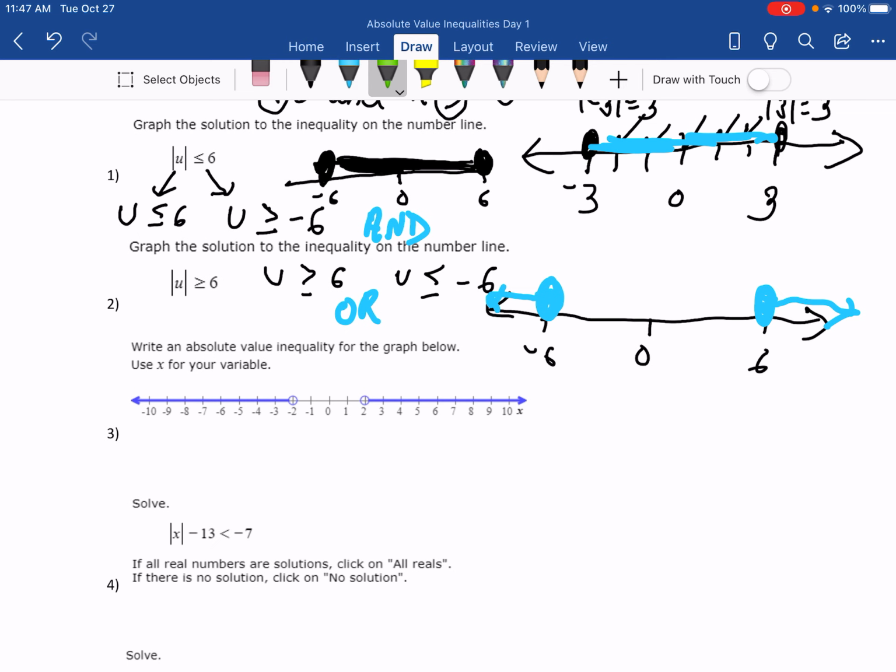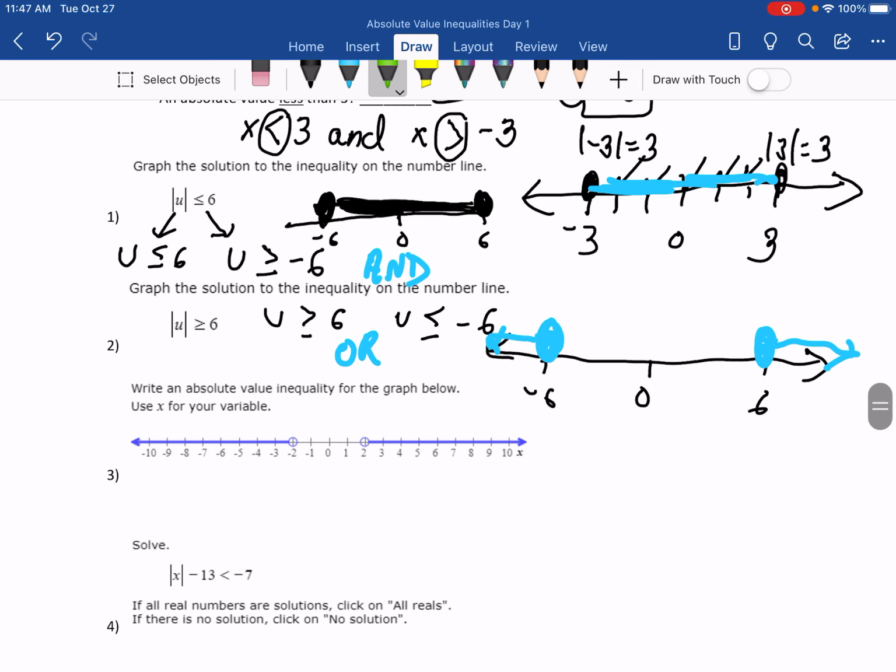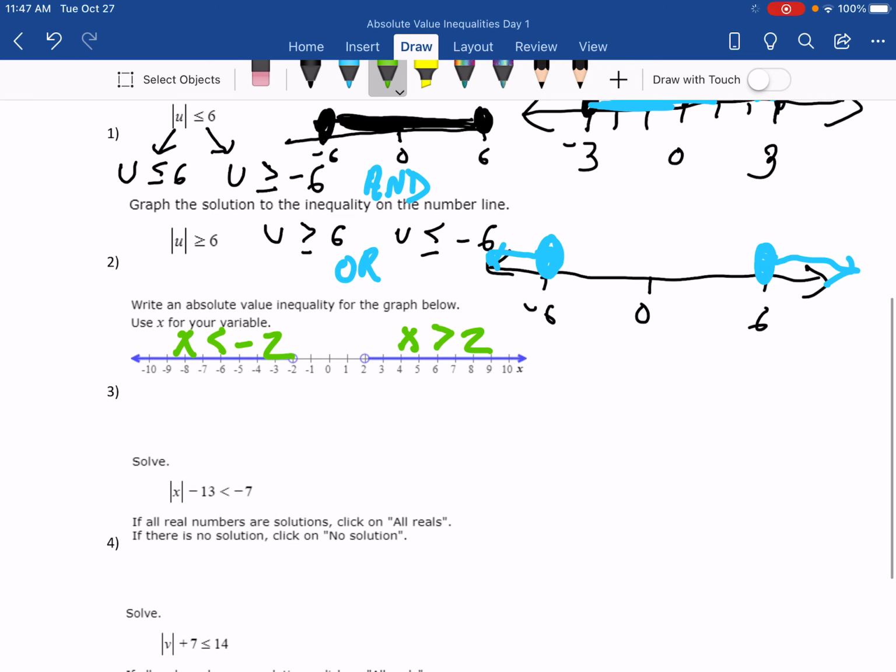Number 3, you're given the graph here and you want the absolute value inequality. All this stuff is x greater than 2. The other side is x less than -2. If we think about that in terms of absolute values, these all have absolute values that are greater than 2.